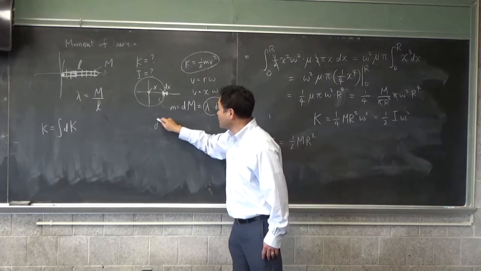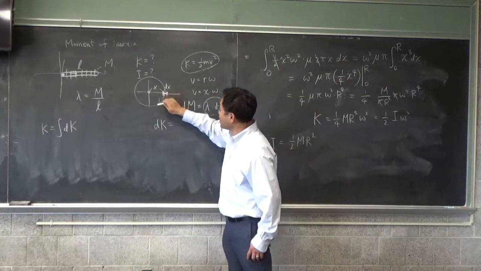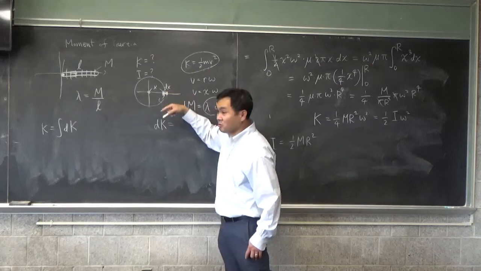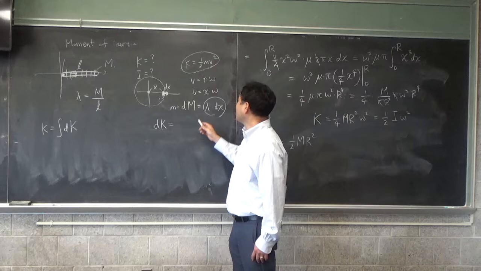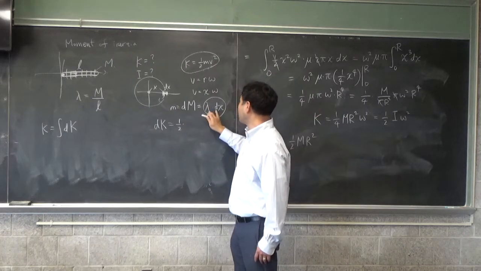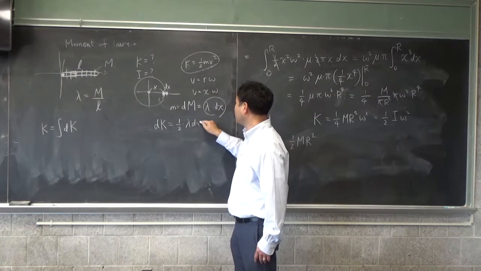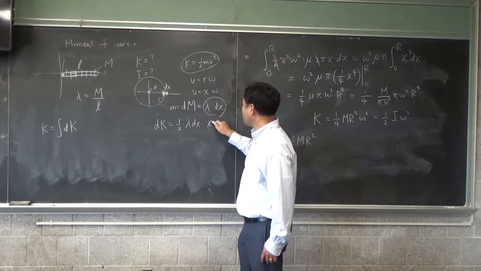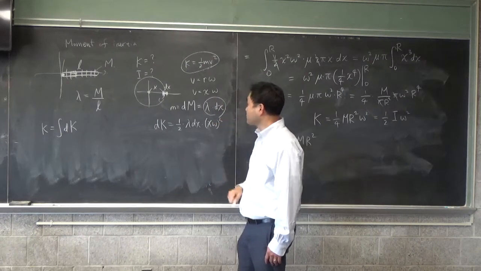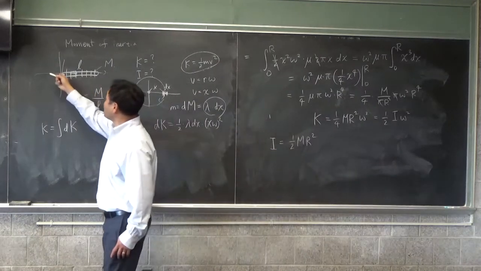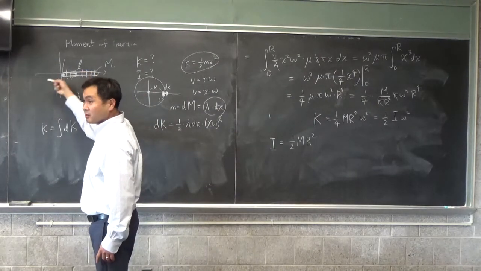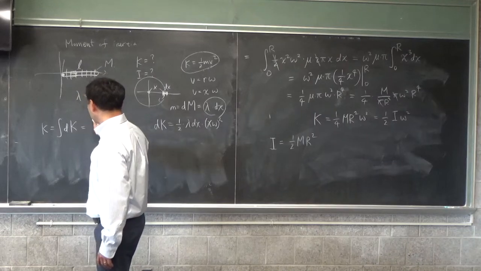So dK, the kinetic energy of this small portion of the entire rotating object, would be 1/2 times lambda times dx times x squared times omega squared. And x would go from 0 until L, right?